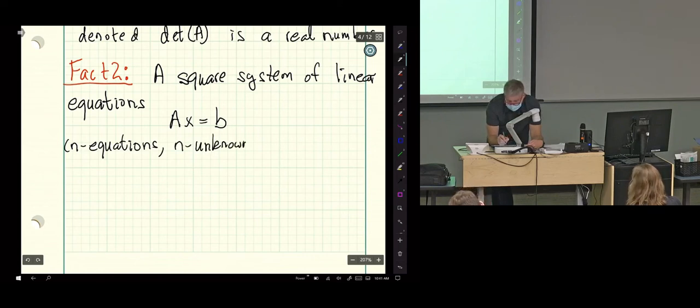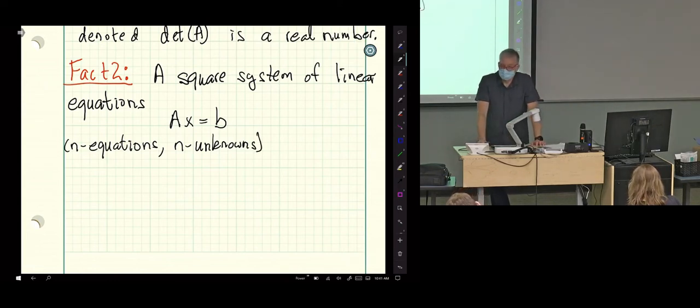Wow, that's super general, okay? N can be 1, 2, 3, 4, 5. It cannot be infinity, but it can be Avogadro's number, 10 to the 26 or something like that. Okay? It can be huge.